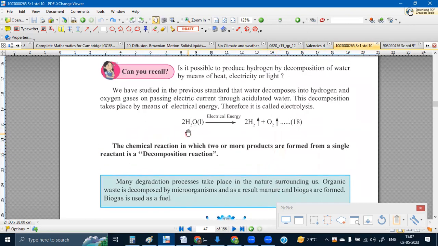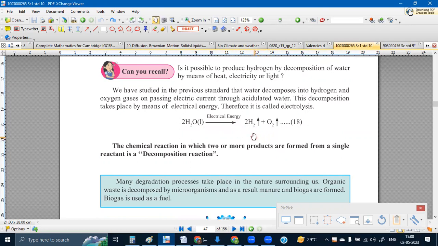The next part is again an example of decomposition reaction. Water when it is electrolyzed. I'll show you that reaction also. I'll send you the link also. Hydrogen and oxygen is produced. Here, hydrogen will be produced at cathode, oxygen will be produced at anode, but we will see that in the chapter of electrolysis.